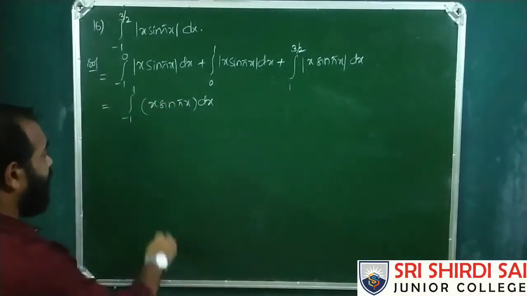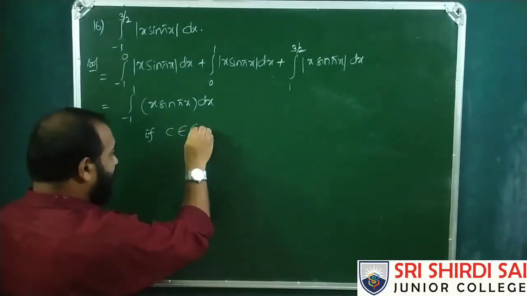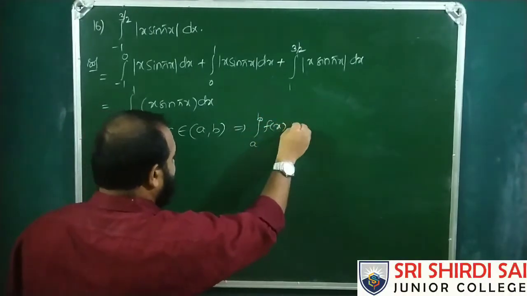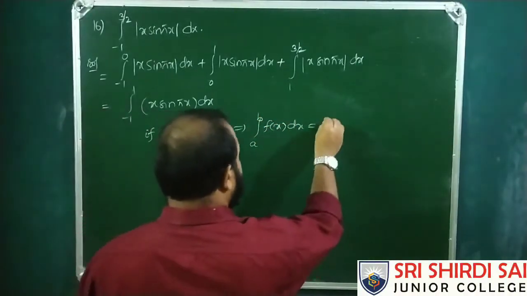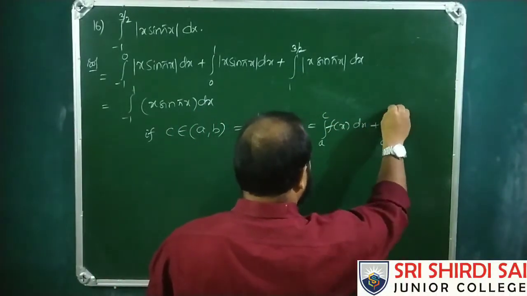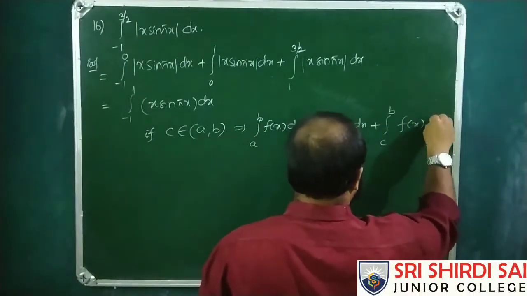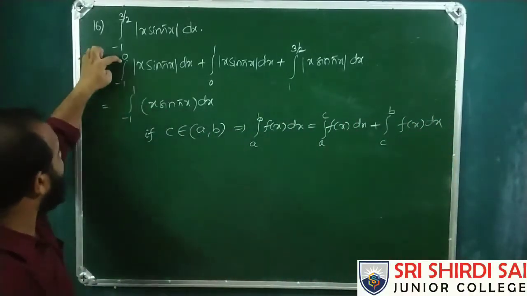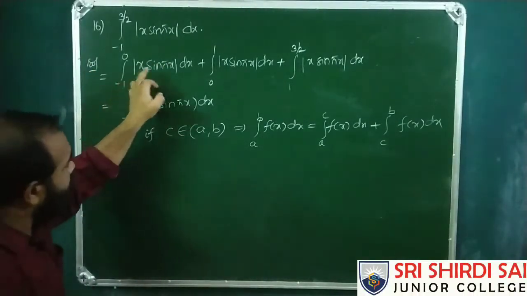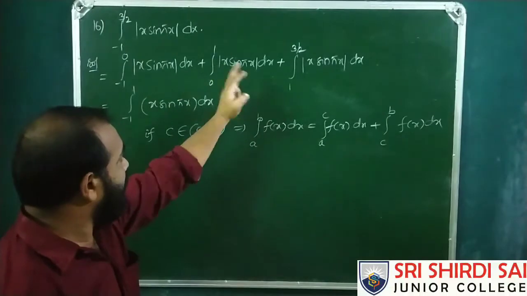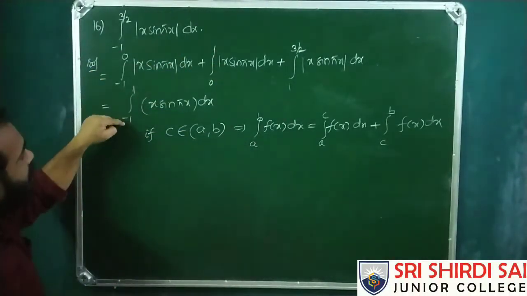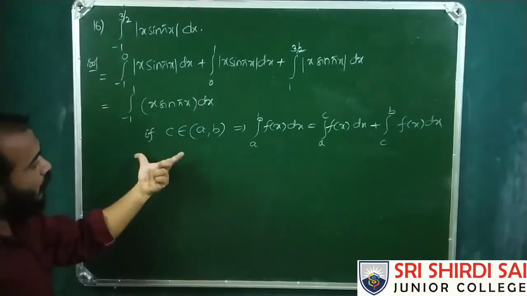Because we have a property that if c lies in between a and b, then integral a to b f of x dx is equal to integral a to c f of x dx plus integral c to b f of x dx. Since 0 is lying in between minus 1 and 1, and because it is positive in both the intervals minus 1 to 0 and 0 to 1, in a single limit we can write like this according to this property.